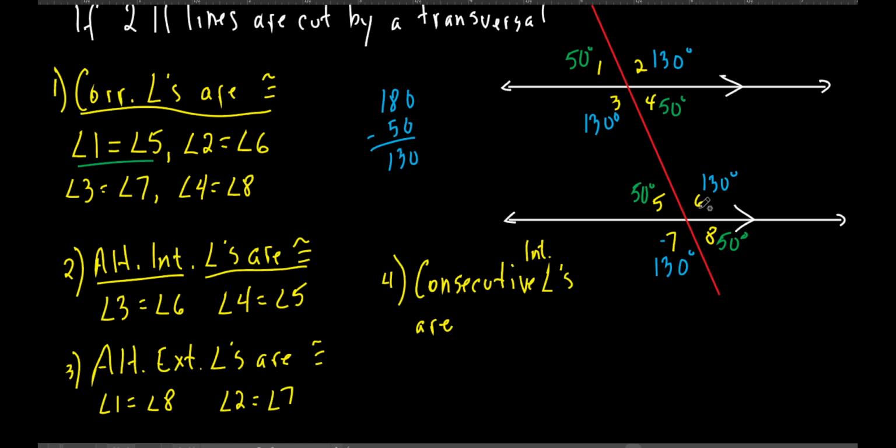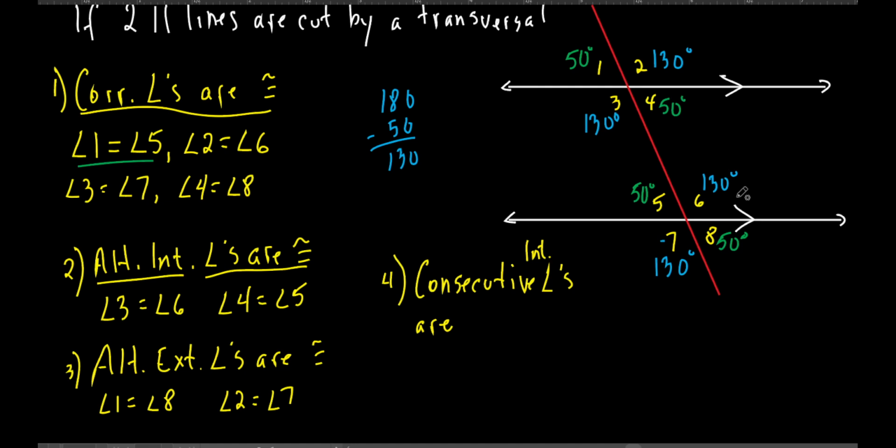Are they equal to each other? Look at it. There's something special about 4 and 6. They add up to be 180. See, if this is 50 and this is 130, then what's true about 4 and 6? They add up to 180.